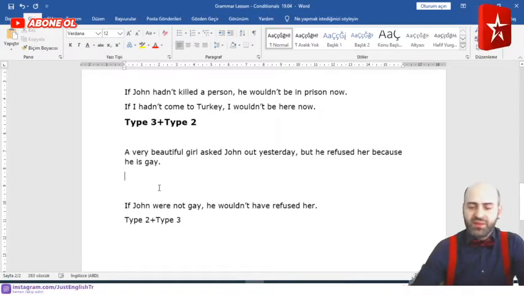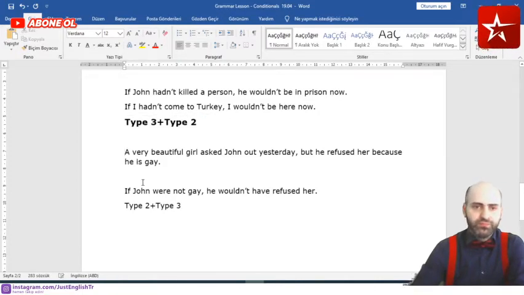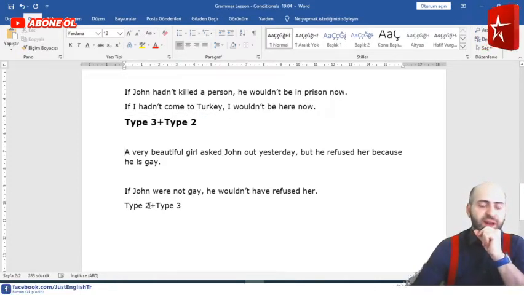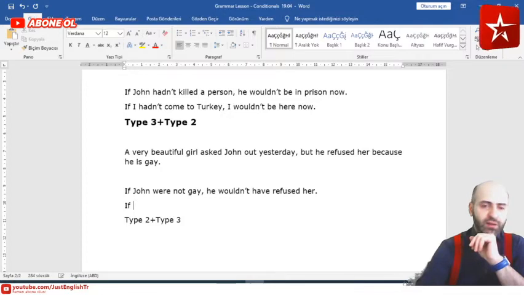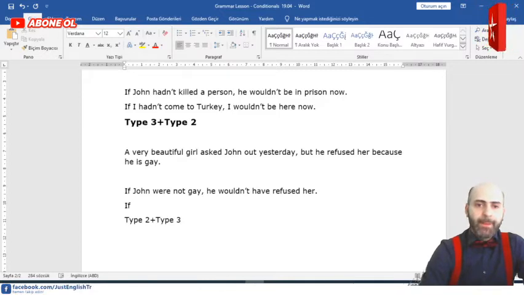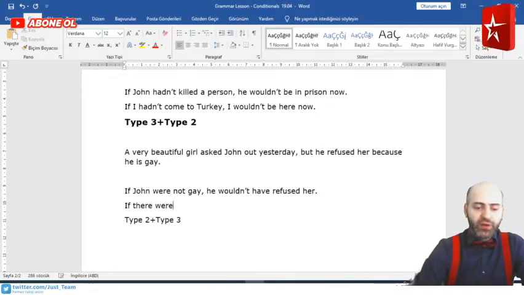Now let me make an example for this one. When we mix type 2 and type 3: if there were not a coronavirus pandemic, I would have gone out last week.